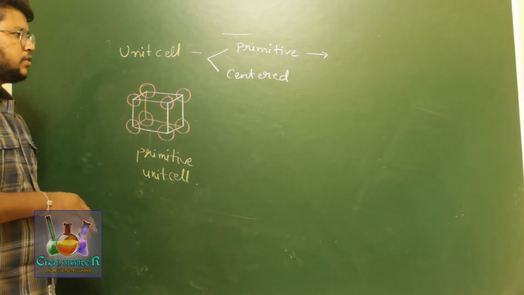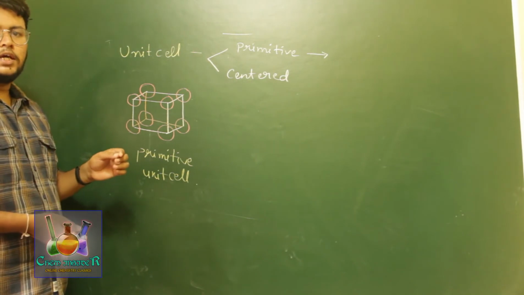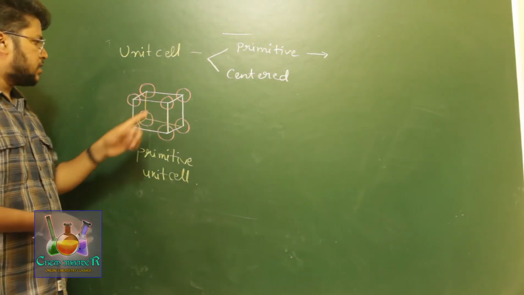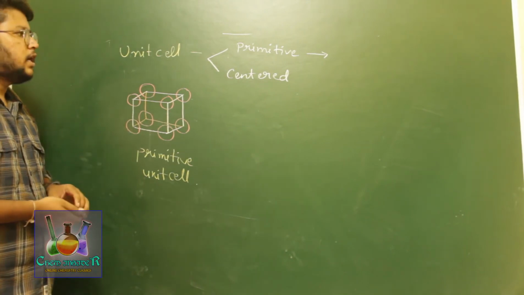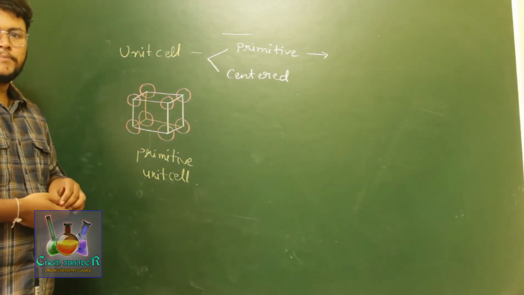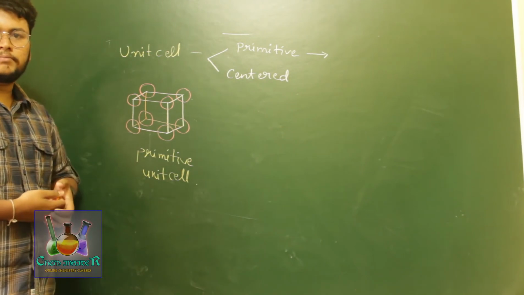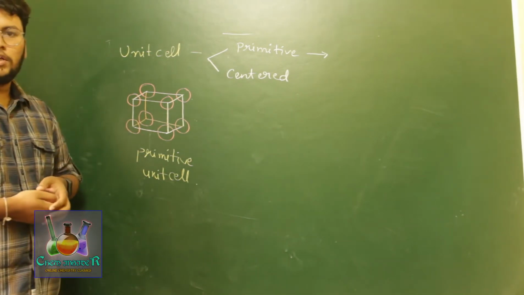Next, a centered unit cell is a type of unit cell which has 8 atoms, similar to the primitive unit cell, present at each of the corners, and along with those 8 atoms it has 1 or more further atoms present elsewhere in the unit cell.